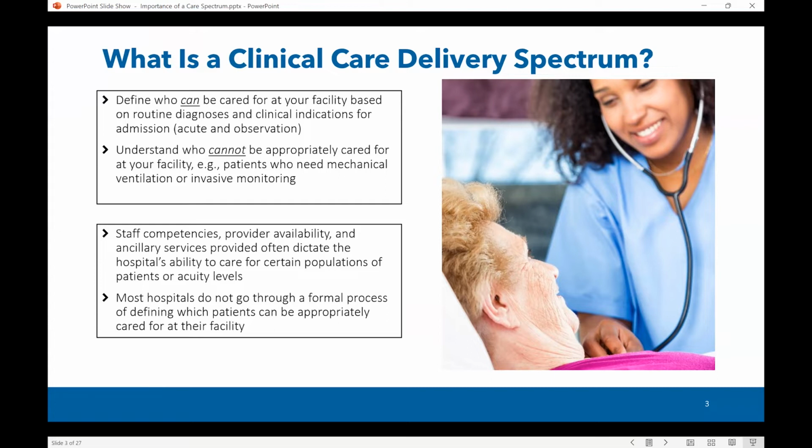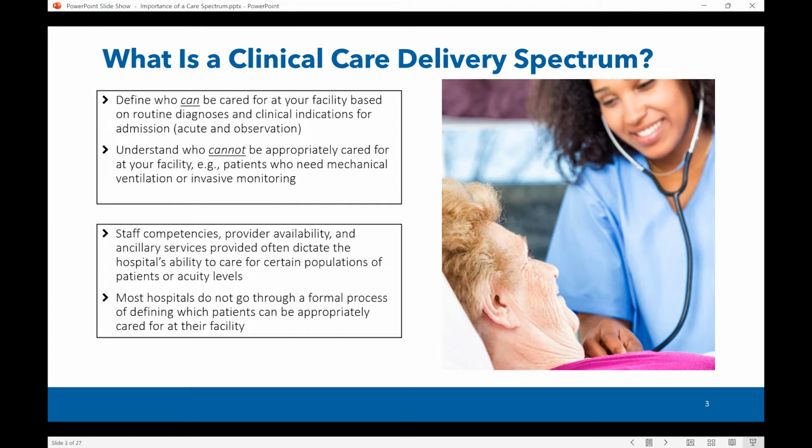Some hospitals have gone through this process with their swing bed patients to understand what type of patients they can care for. So the process itself can be used in any of the different areas. But what we'll talk about today is the acute and observation.